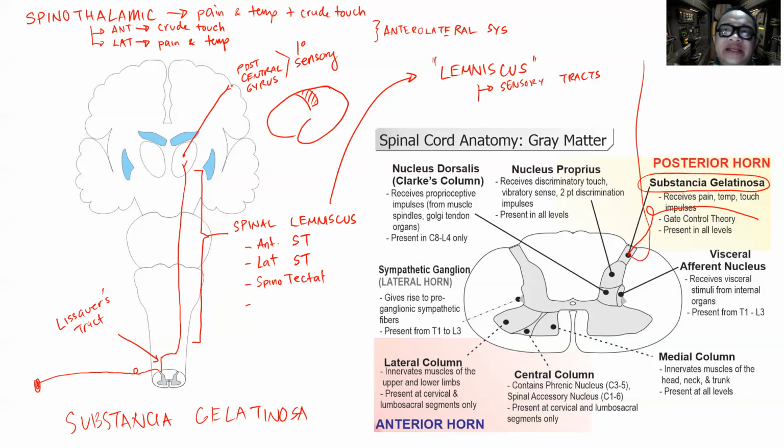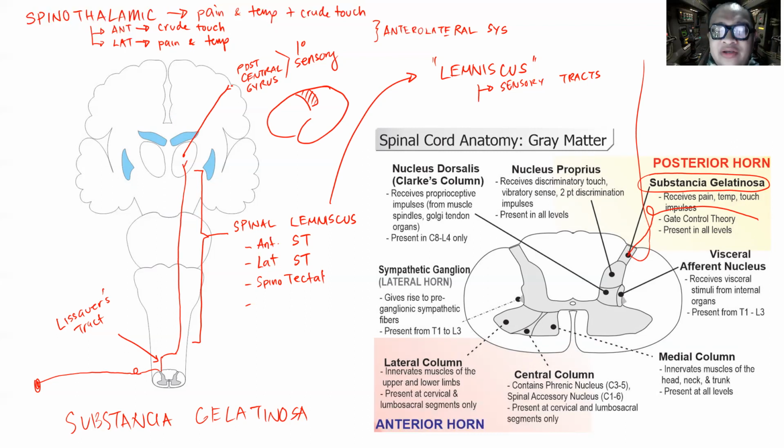When somebody behind you touches your shoulder here, do you turn the other way, or do you turn in the same direction as where you felt the stimulus? Basically, where you felt the stimulus, you felt a draft of cold air as you entered the haunted house, you turn where it is. You see something move in your peripheral vision, you turn where it is. So basically, that's your spinotectal tract.